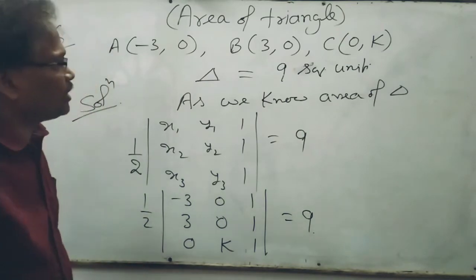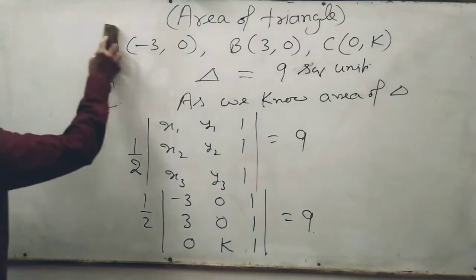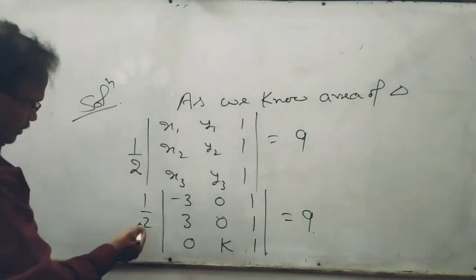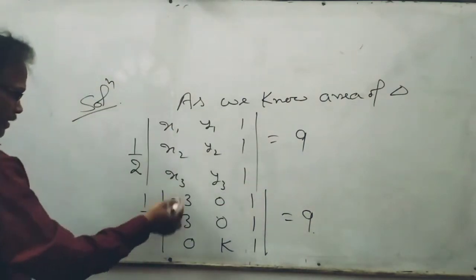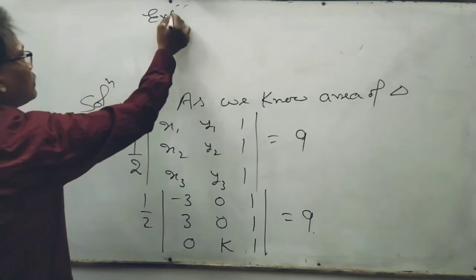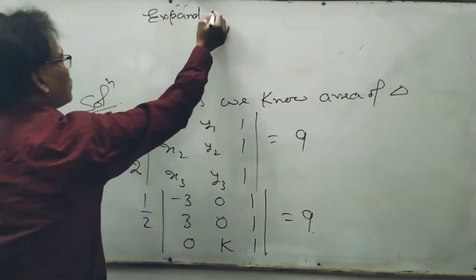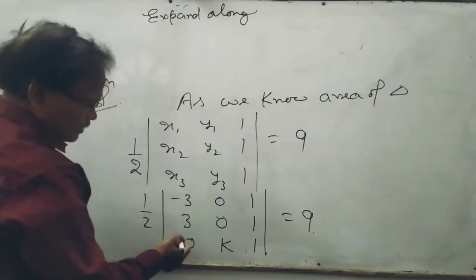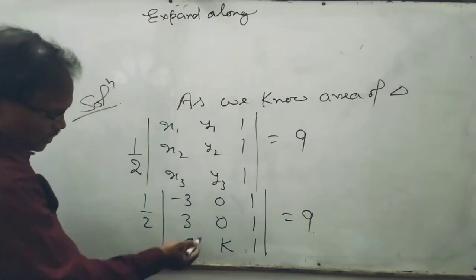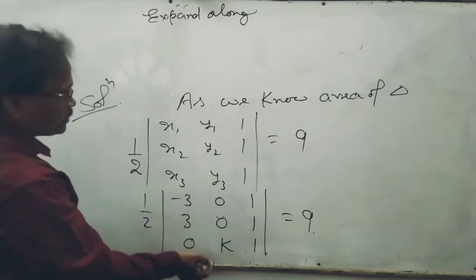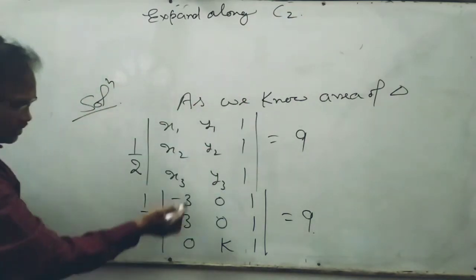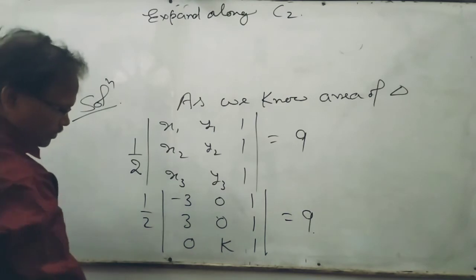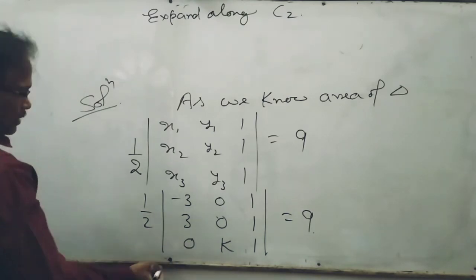So how to expand? Take the 1/2 to the other side and expand along C2, because it has the maximum zeros. These two are 0, doesn't matter, only K will come.